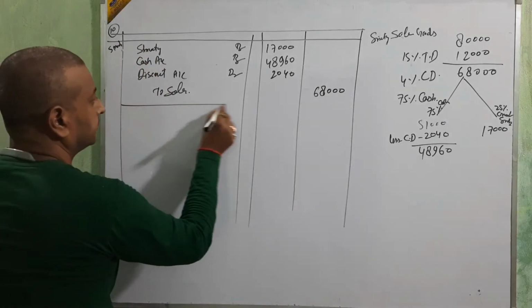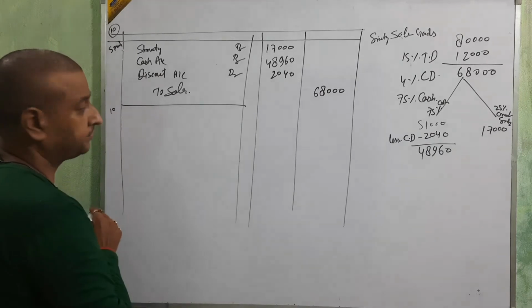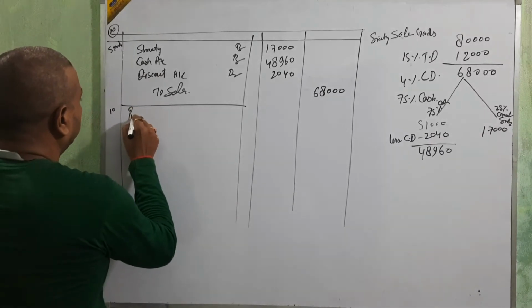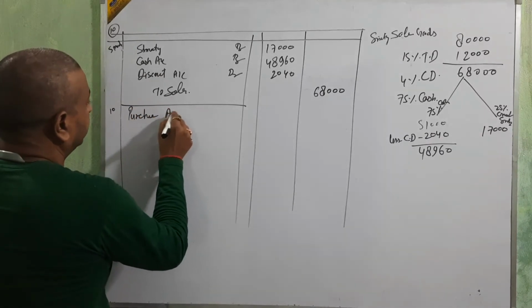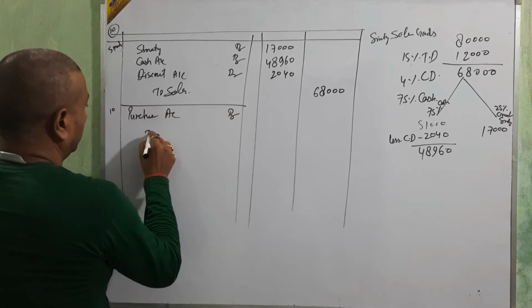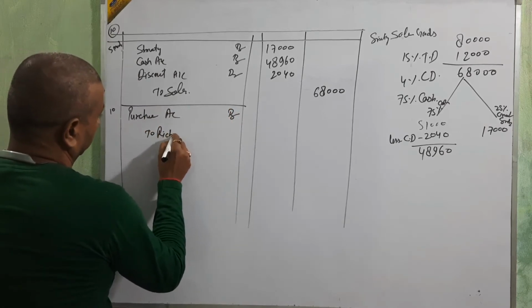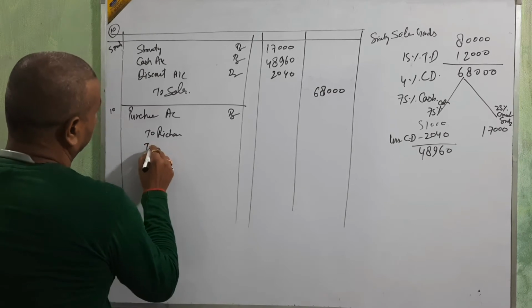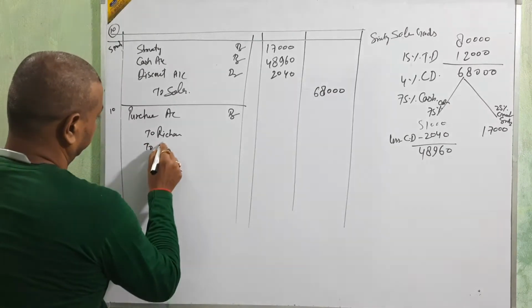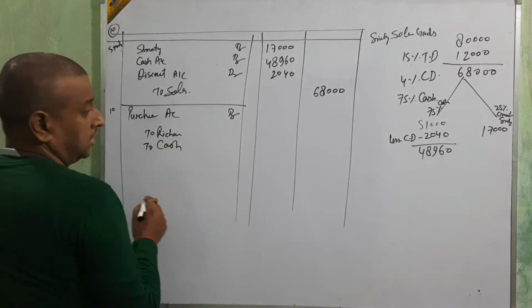March 10. Purchased goods from Richa, it means purchase account debit to Richa for 60,000 at 10% trade discount.